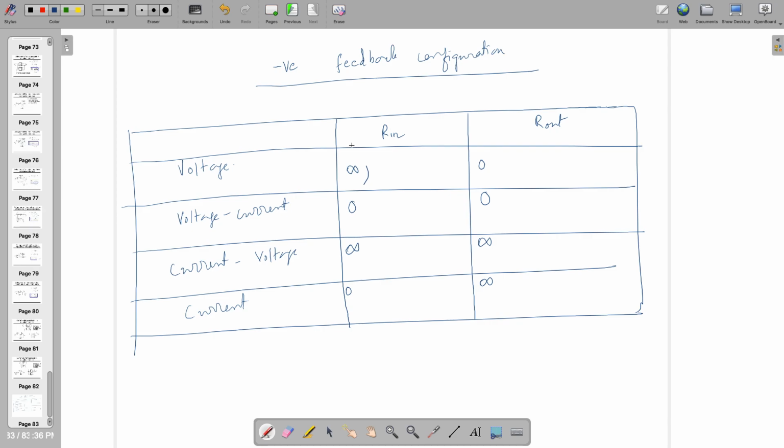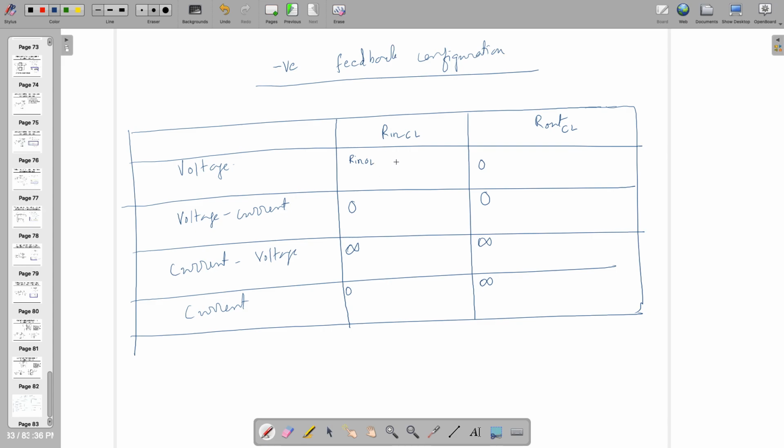You are expecting that if your input resistance in open loop, let's call it OL, was R in OL, then in closed loop it has to be improved.